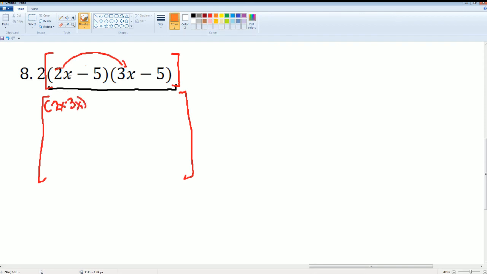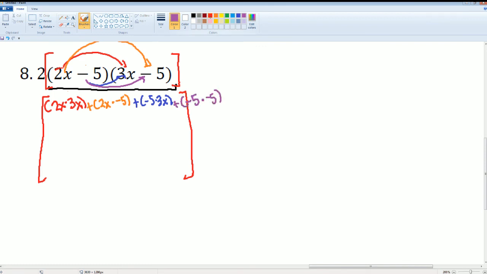Then I have my 2x times -5. So plus 2x times -5. Then I have my negative 5 times 3x, so that's negative 5 times 3x. Then I have my purple, which is going to be negative 5 times 5. So this is going to be add negative 5 times negative 5.